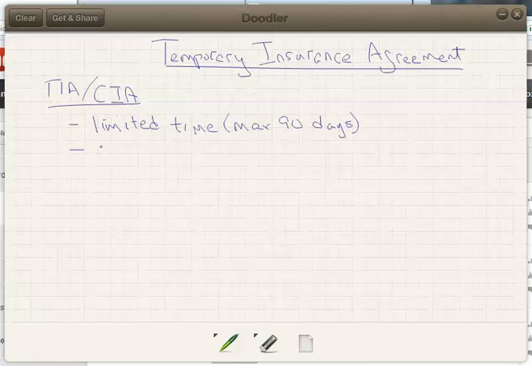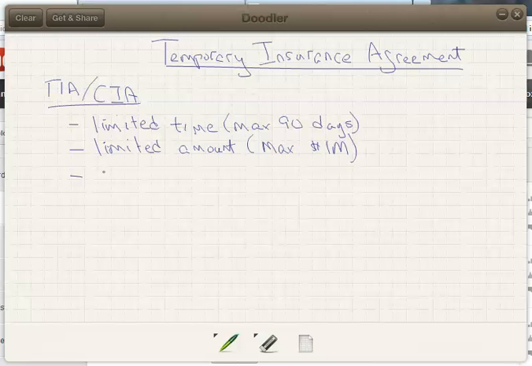And it will typically also be for a limited amount of insurance. Again, very common, but not always the case that you would see a maximum of, let's say, $1 million of coverage under a TIA. So during this time that the TIA is in force, this person would be covered for $1 million, 90 days of coverage, pretty typical.